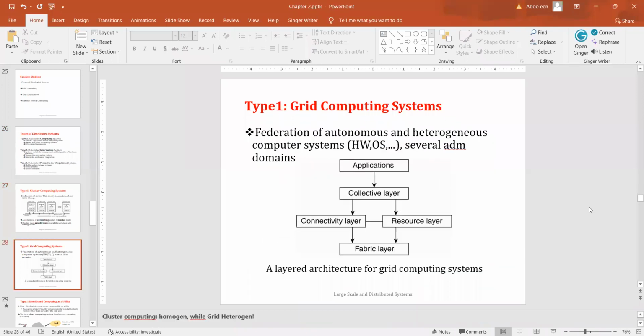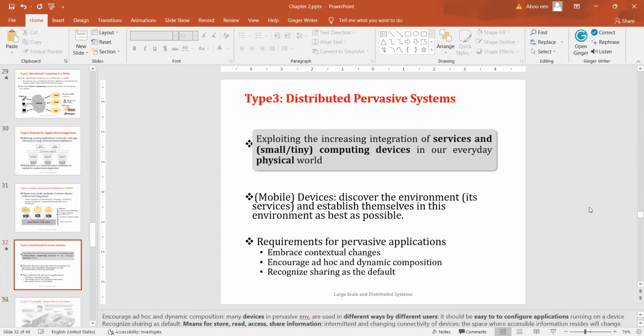Distributed pervasive systems. Okay. Look at this third category of systems, distributed pervasive systems. Basically for smart devices and embedded devices, these pervasive systems are designed exploiting the increasing integration of services and computing devices in our daily physical world.